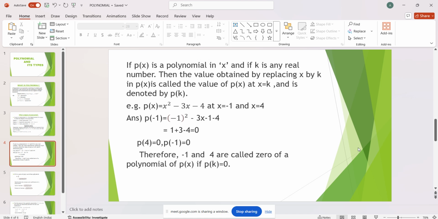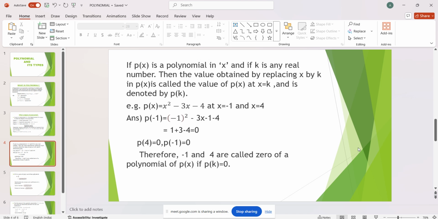So those two numbers are zeros of the polynomial: x equals 4 and x equals minus 1. P of minus 1 equals 0 and p of 4 equals 0. Those numbers are called zeros of a polynomial if p of k equals 0.